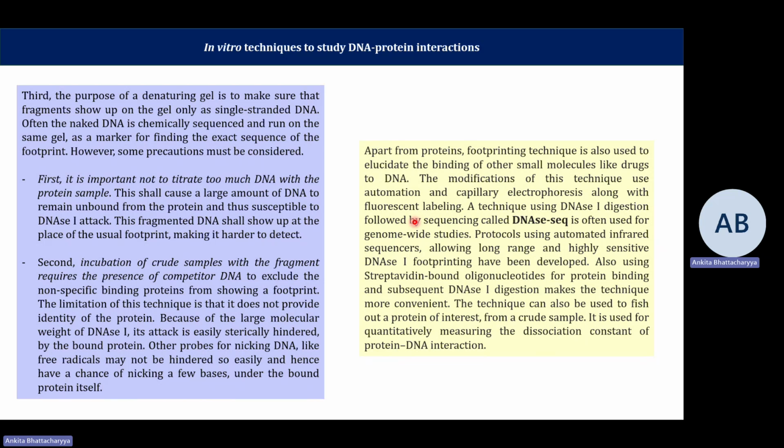Now, apart from what we have just discussed, the footprinting method is also used for other purposes, for example RNA footprinting, and it might be used in other protocols as well. For example, often it is used in DNase-seq, where you have DNase-1 digestion followed by sequencing, used for genome-wide studies, and protocols using automated infrared sequencers, allowing long-range and highly sensitive DNase-1 footprinting, have been developed.